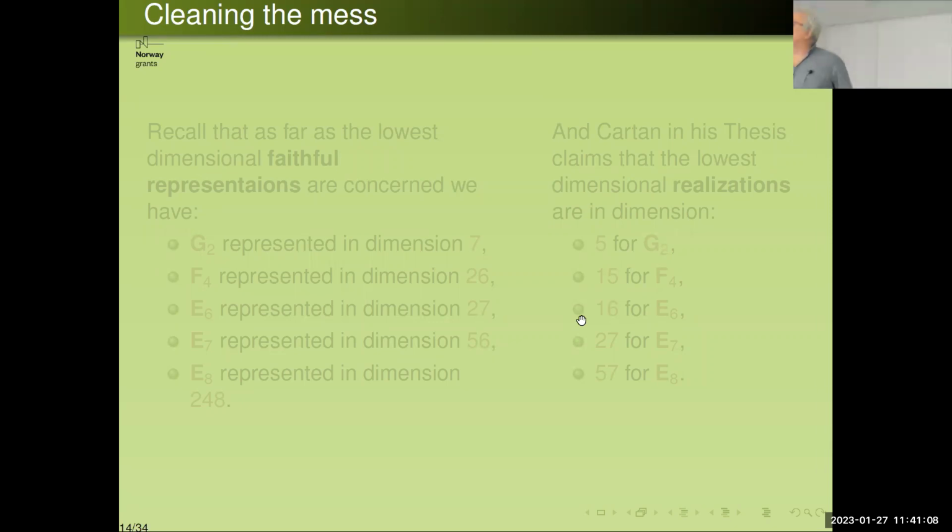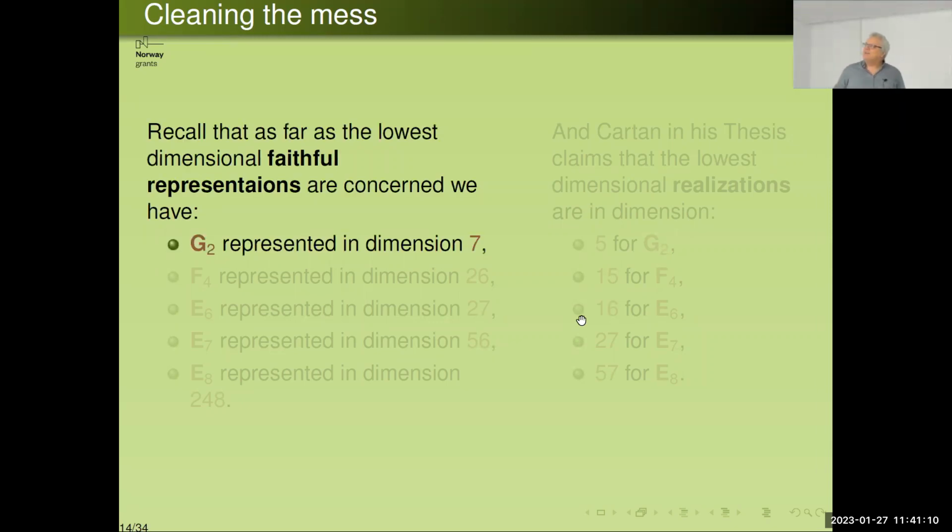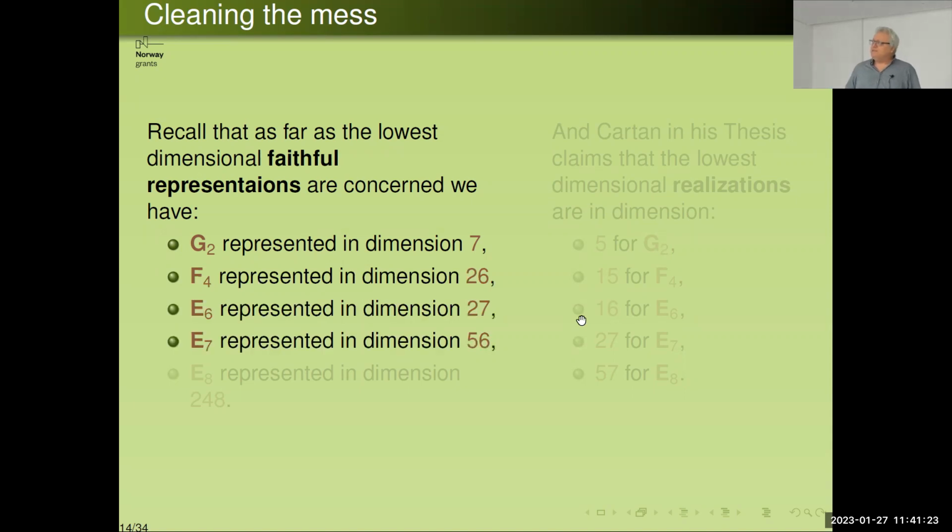Let me go further. So let me clean the mess which I created, maybe. Recall that as far as the lowest dimensional faithful representations are concerned, we have G2 represented in the lowest dimension 7, F4 in 26, E6 in 27, E7 in 56, and E8 in 248.